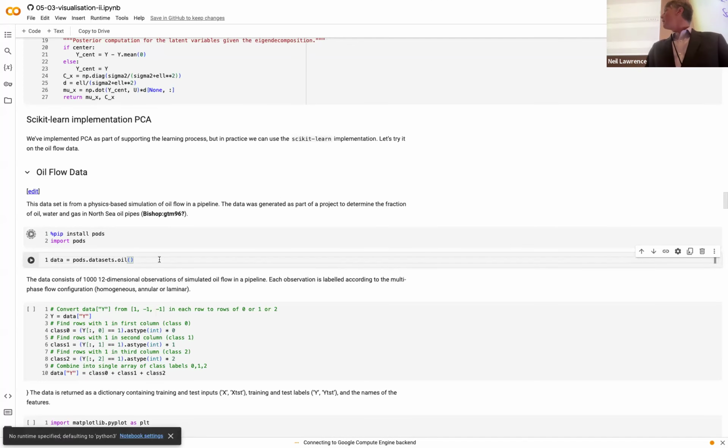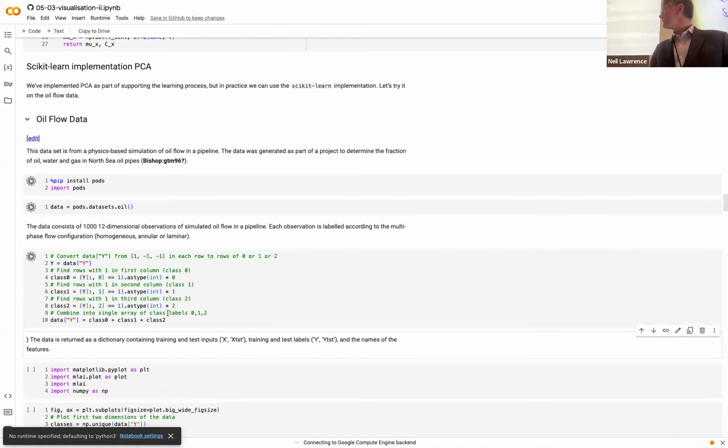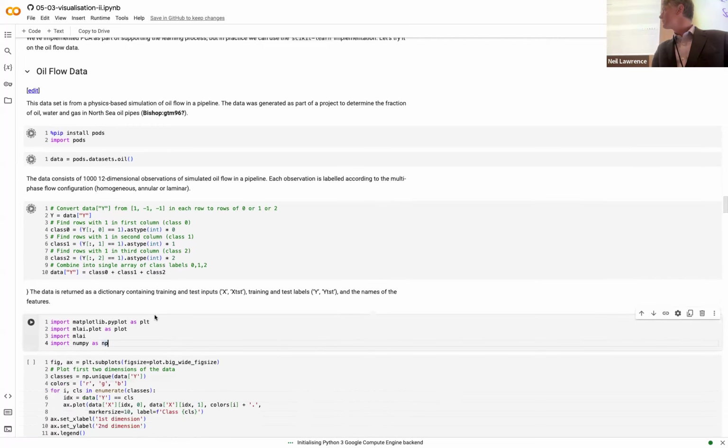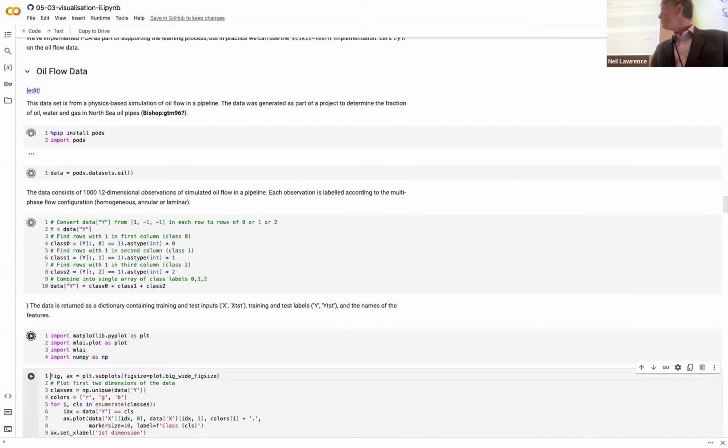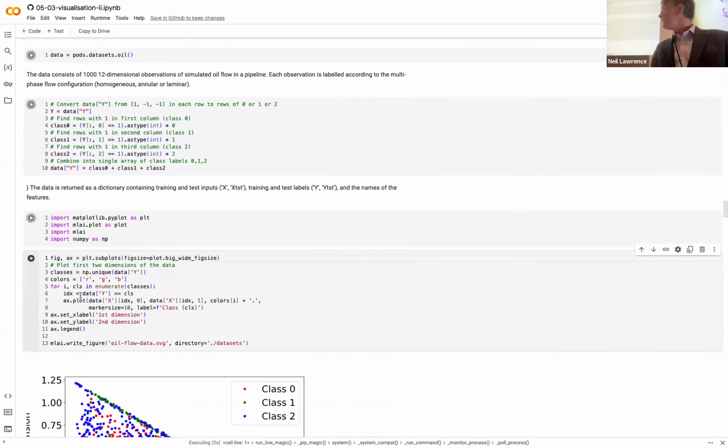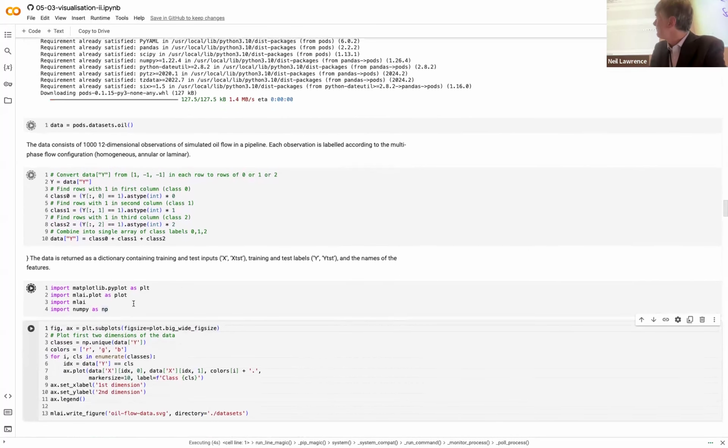That's just getting the data in a nice way where I can show the labels. It's just some processing of the data, not very interesting. But down here is the main bit.